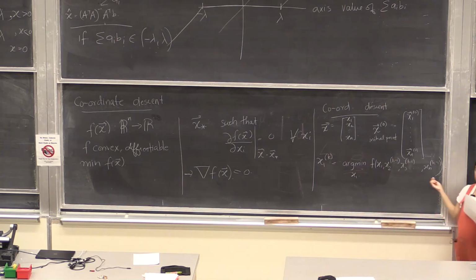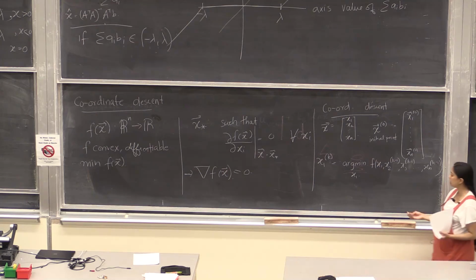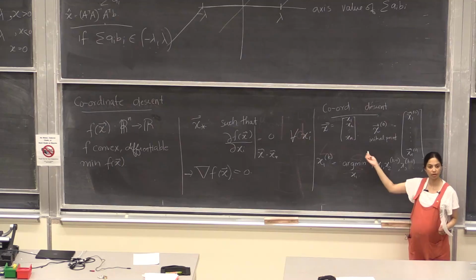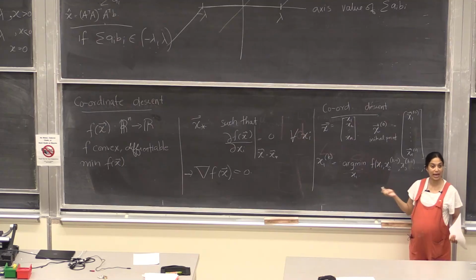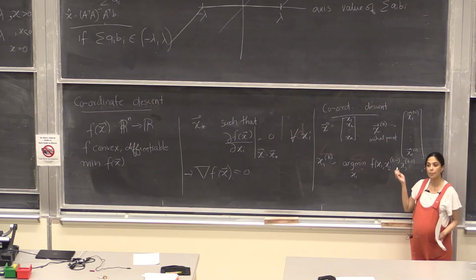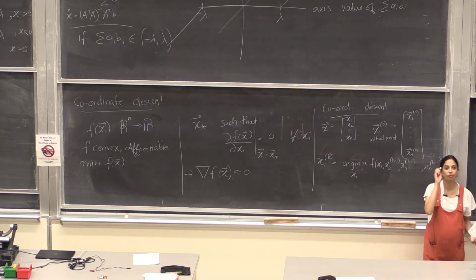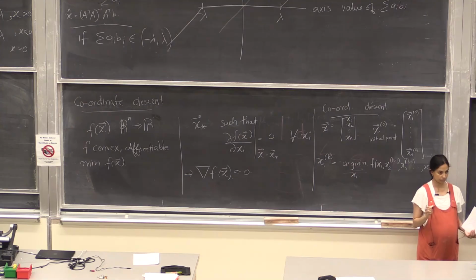So what does this mean? I'm going to take my function, which is typically a function of a vector. But instead of minimizing over all of x, where x is an n-length vector, I'm going to minimize only over the first coordinate.